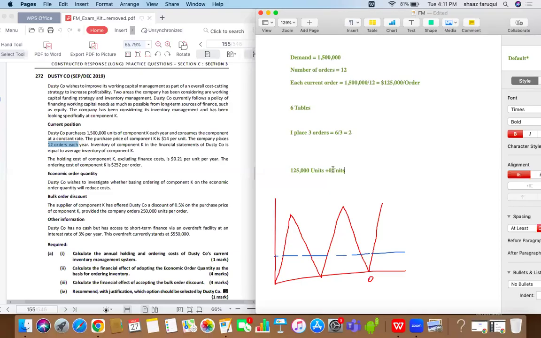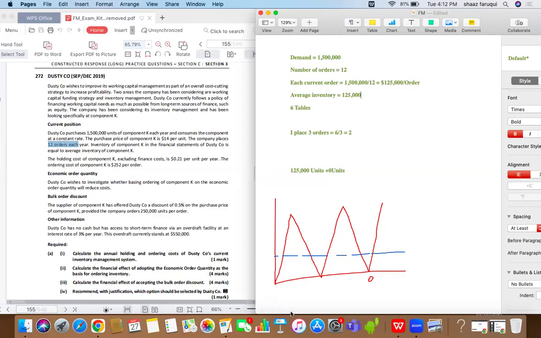So on average, the average number of units I have with me is how much? Average inventory is going to be, at one point I have 1,25,000, then 0, 1,25,000, 0. So on average, 1,25,000 plus 0 is 1,25,000, and there are 2 readings.